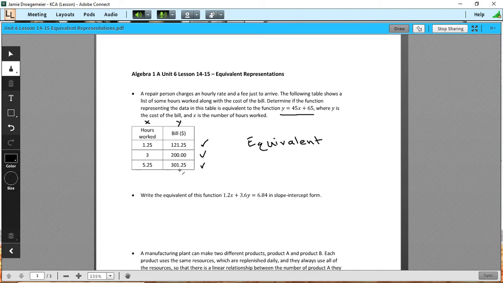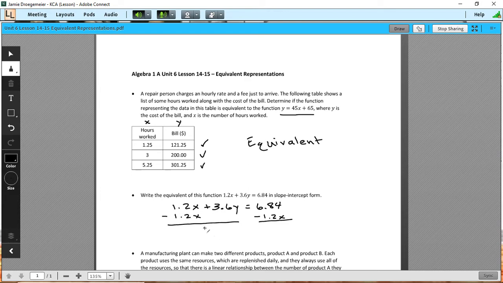All right, the second one says, write the equivalent of this function in slope-intercept form. This is what we call standard form, where we have the x plus the y equals a constant. Slope-intercept form is solved for y, so I need to get this y term by itself. I'm going to start by subtracting that 1.2x from each side.